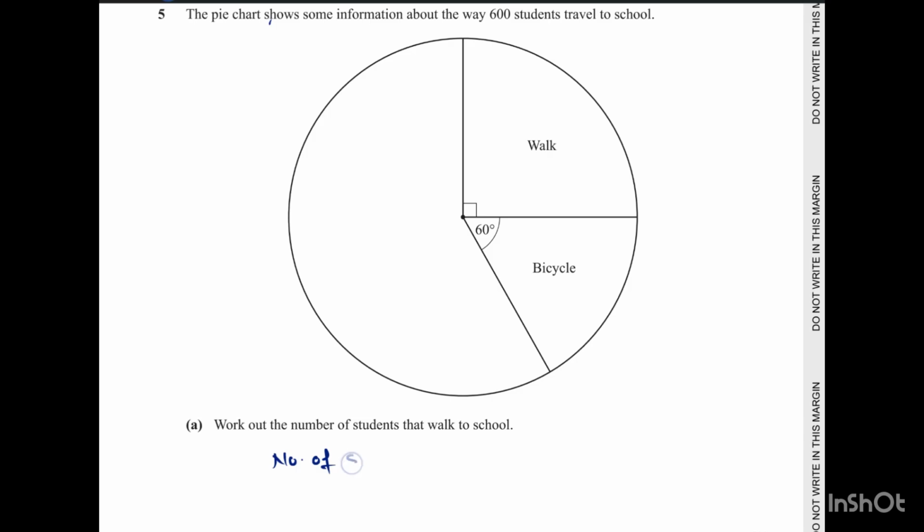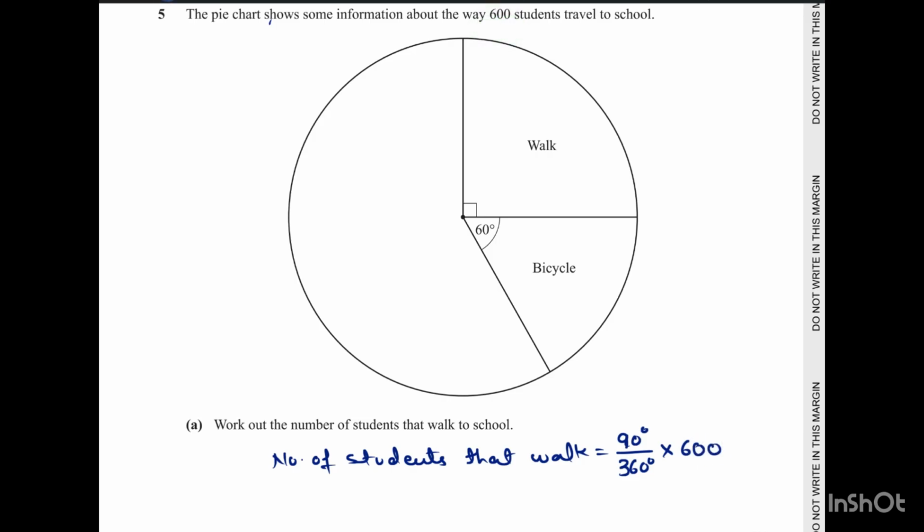Number of students that walk is equal to 90 divided by 360, 90 degrees out of 360 degrees, multiplied by the total number of students, that is 600, given here.